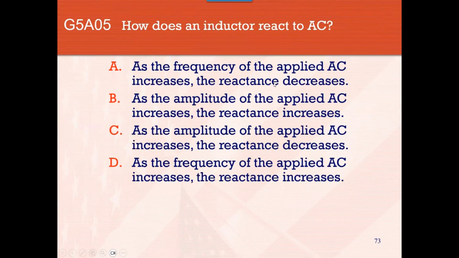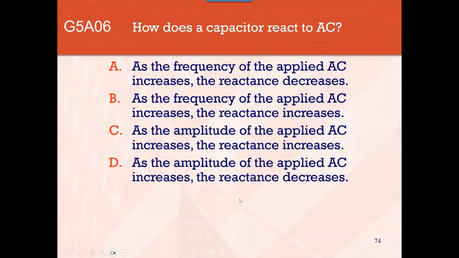How does an inductor react to AC? As the frequency goes up across an inductor, the inductor will tend to resist it even more, which means its reactance will increase. Frequency goes up, reactance goes up. A capacitor, however, will do just the opposite.